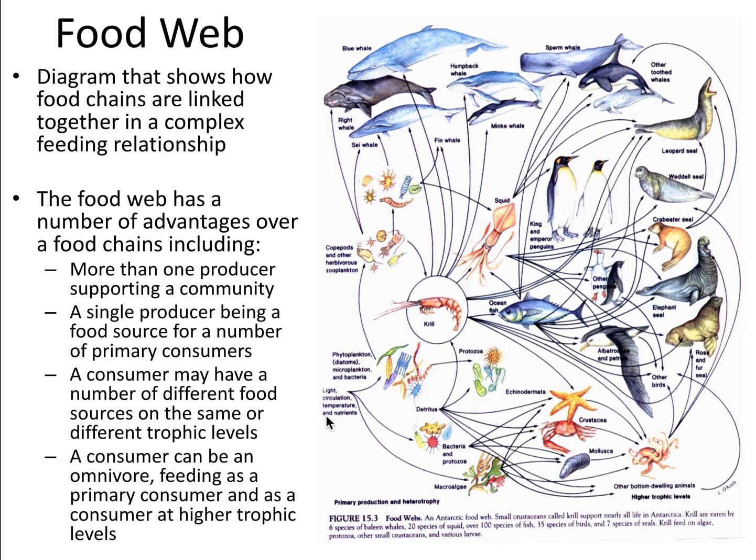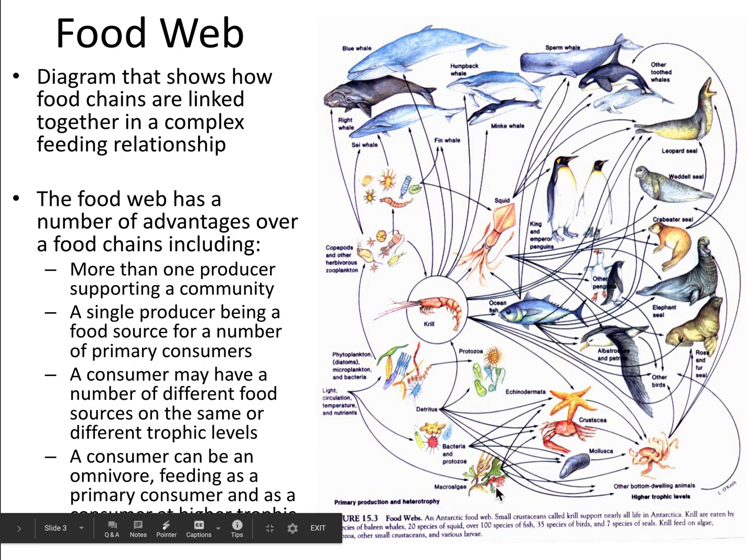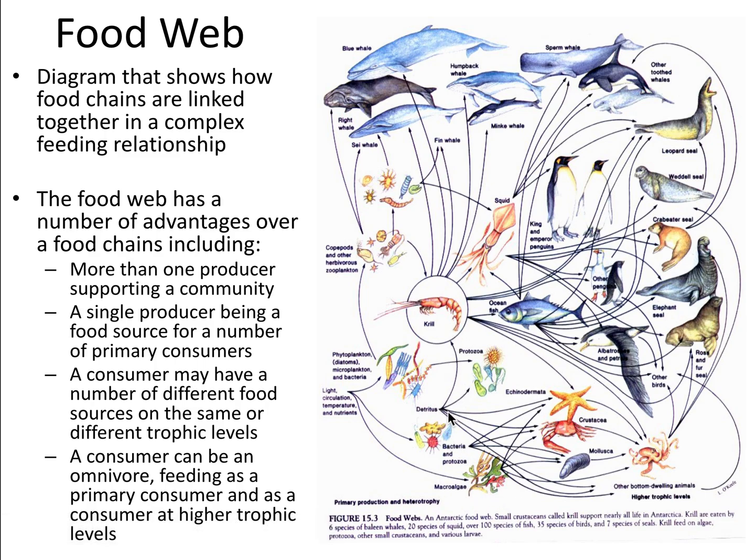The photosynthetic organisms are over here. So the diatoms here, the microplankton, and then the macro algae here. Okay, those are going to be our producers, who then are passing on energy to other organisms. So like the detritus, and then to the krill, and then the krill to this humpback whale, for example.